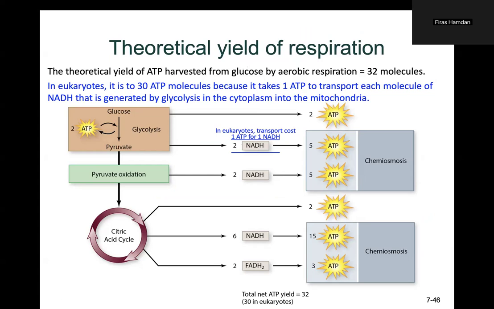Some do, it's a rarity, but the majority don't. We need to transport the NADH produced from glucose in your cytoplasm towards your mitochondria, and that will cost us one ATP. So for eukaryotes, you get 30 ATP molecules, but for prokaryotes, you get 32 because there's no need for transport. You don't lose those two extra ATPs.